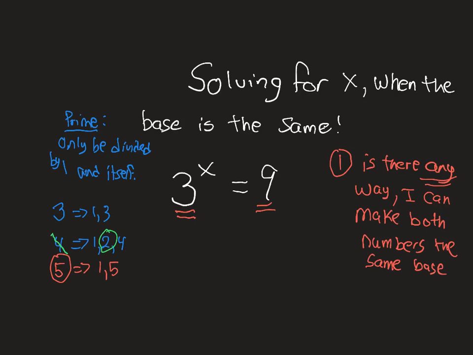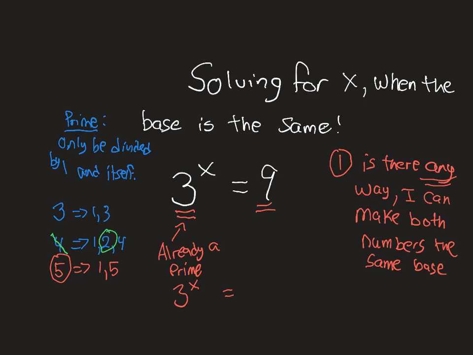So with that in mind, let's look back at our example here. In our example, we have 3 to the power of x is equal to 9. So 3 is already a prime number. So I don't need to touch it. I can leave it as 3 to the power of x is equal to.